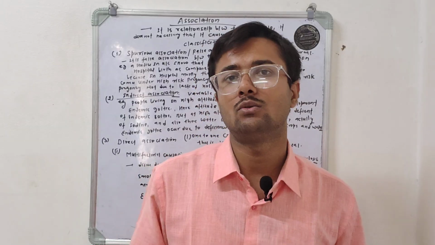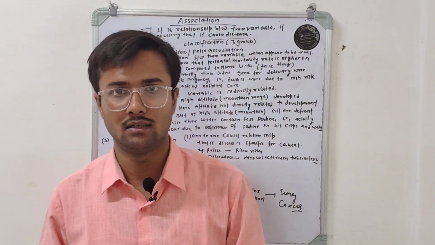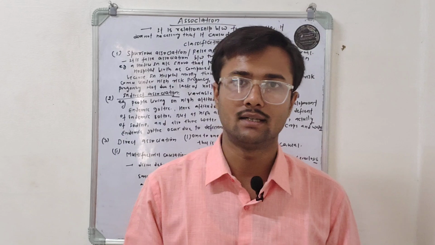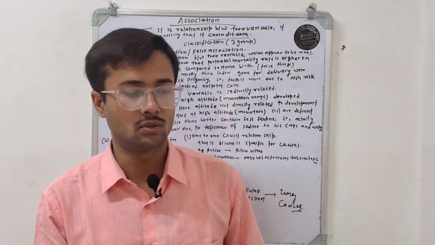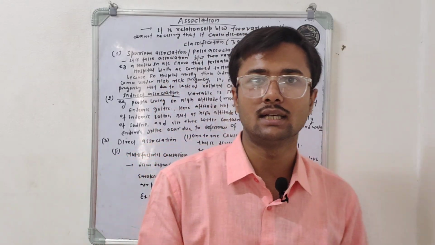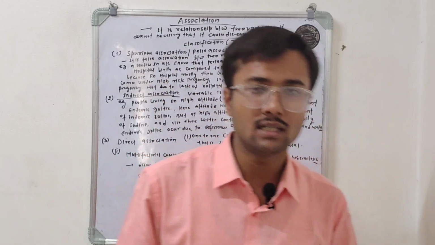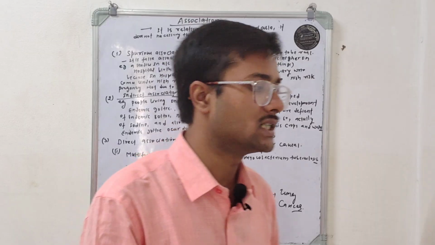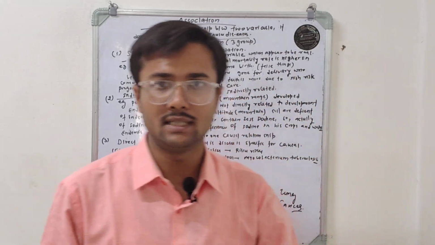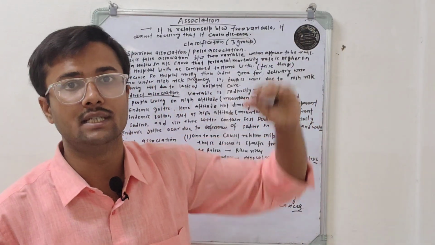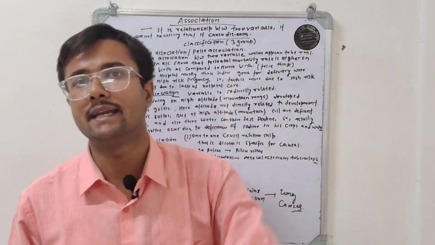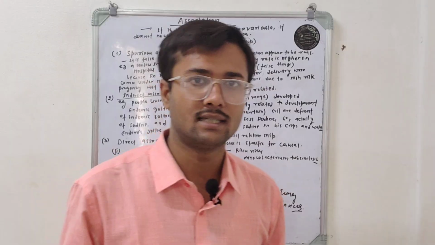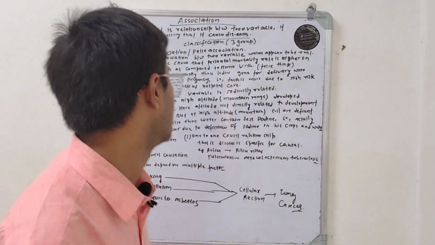So these are the two main causes: iodine deficiency in water, and iodine deficiency in food because the soil contains less iodine. This is the real cause of endemic goiter, which occurs because they live at high altitudes. If the cause is indirectly related, we call it an indirect association.